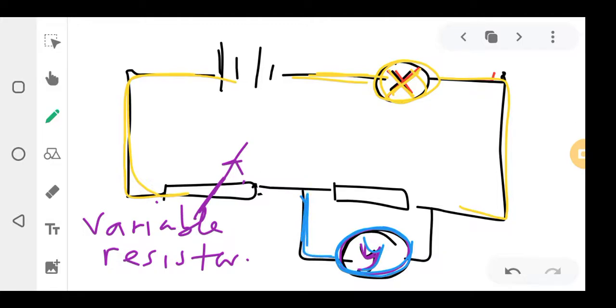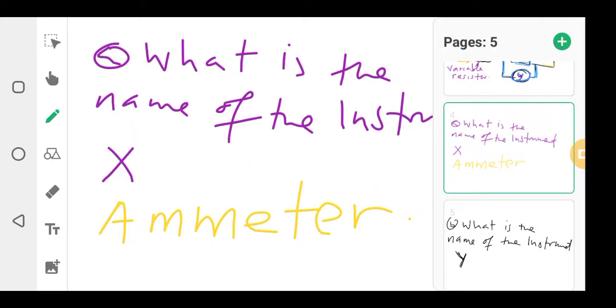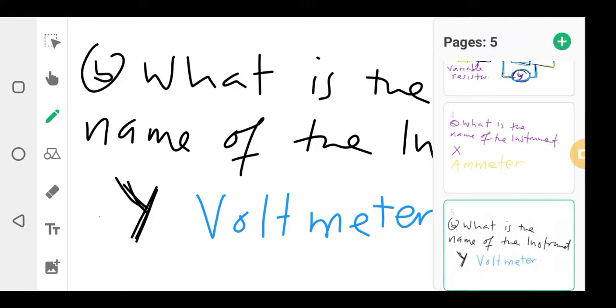I told you whenever it's across a resistor, it is called a voltmeter. So Y is a voltmeter because it's across the resistor. I think I explained last time. So all these are marks.